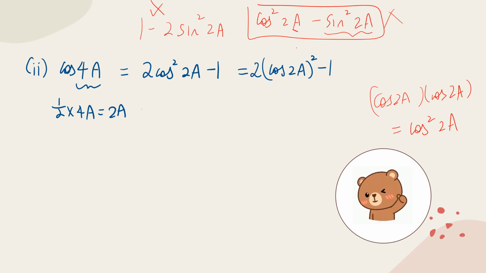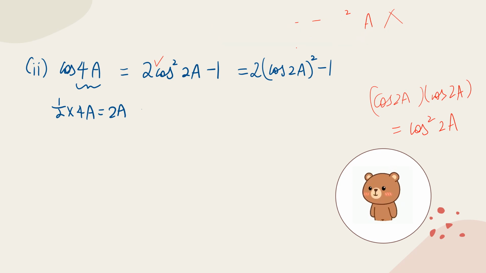In part 1, we only managed to find the value for cos 2a. So therefore, this is the only choice left, unless you want to go and find the value for sine 2a, which is not efficient.